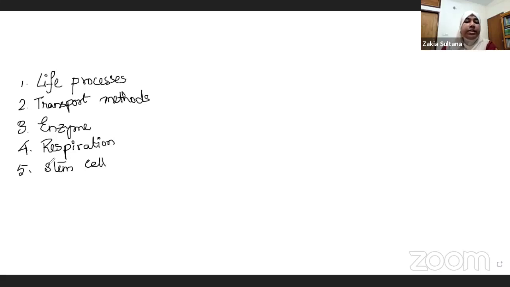So these are the basic things we need to cover in the introductory part. This is from chapter 1, and from chapter 2, it will be the variety. So we need to talk about the kingdoms, so variety of living things.